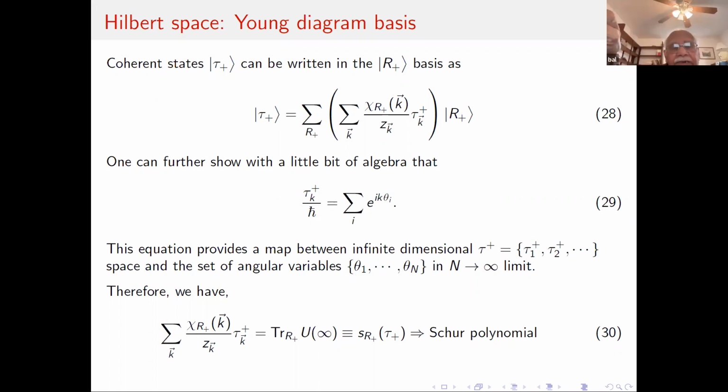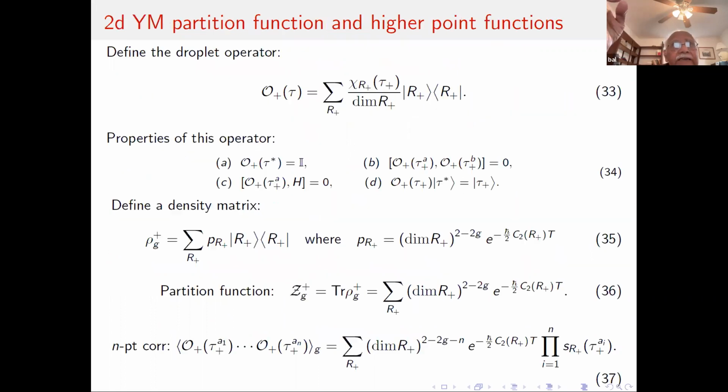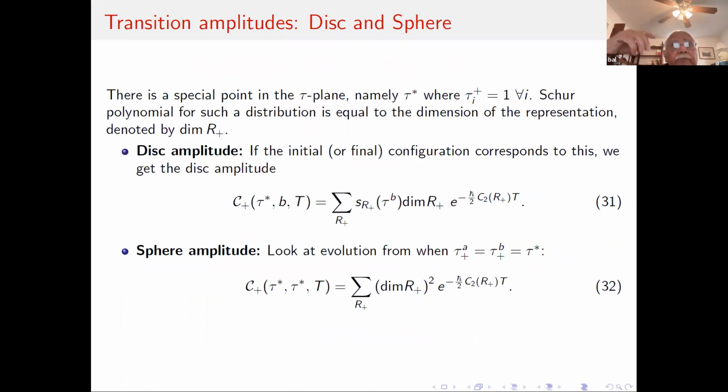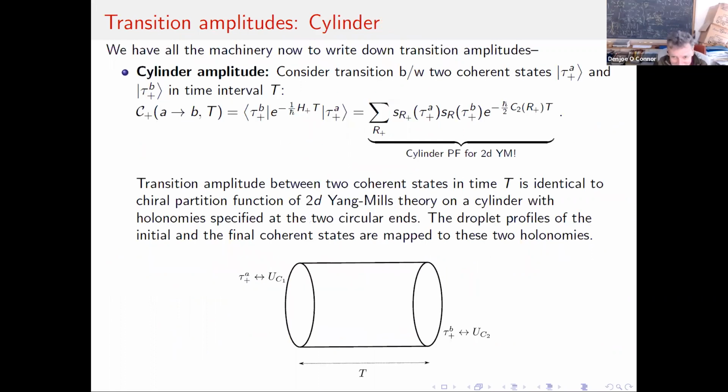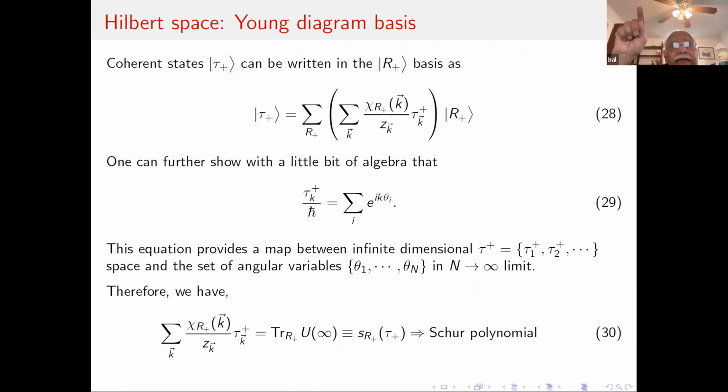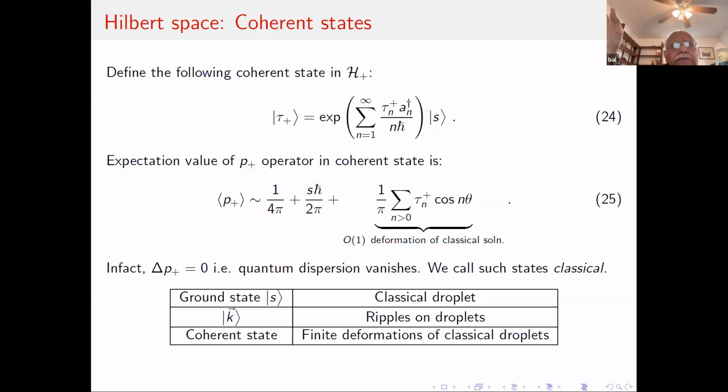I have another question related to the coherent state you are writing at tau star. Is it well defined? Is the scalar product well defined? Well, if I had the 1 over n there at tau star, it would be 1. So you are taking the coherent state to be the exponential of the sum of n a_n dagger acting on the vacuum, right? That object seems to have a divergent scalar product.